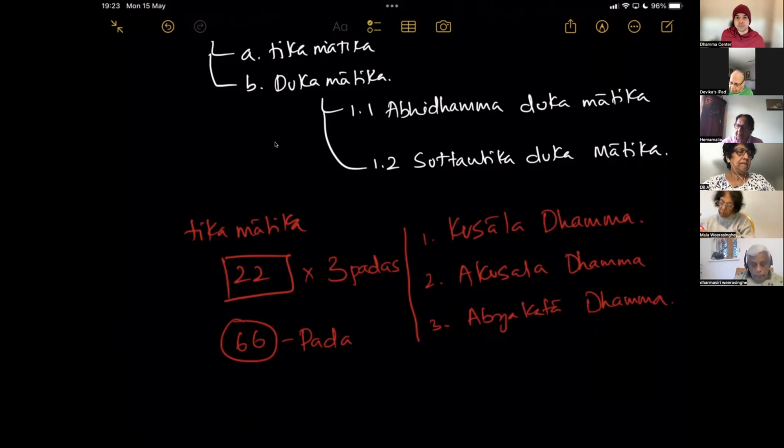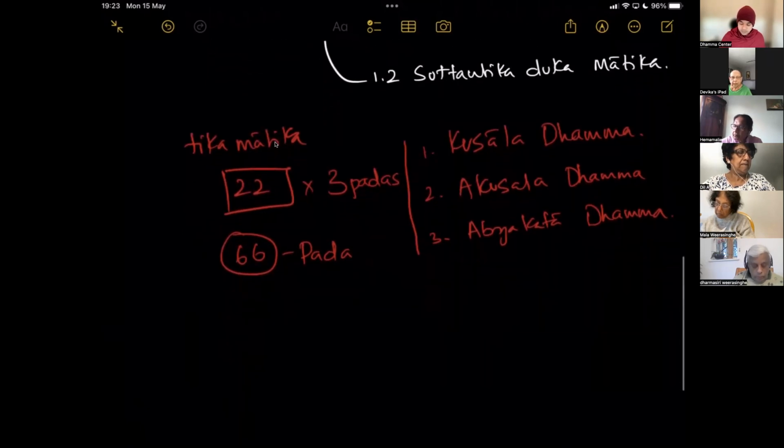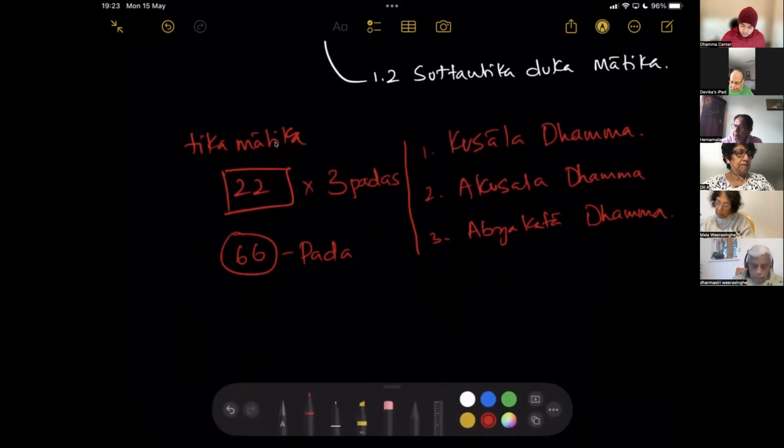Is that clear? Right? Now, under Tikamatika, then we go on to Dukkamatika.